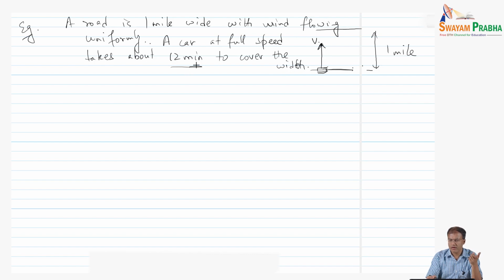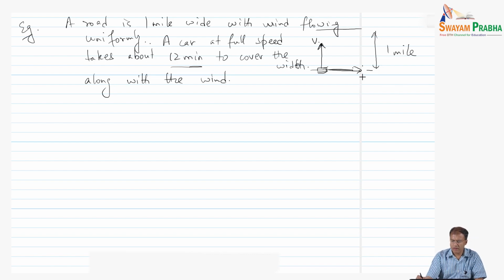So the car is driving at the rate of 5 miles per hour, right? So 12 times 5 is 60, so 5 miles per hour. So it takes the car 12 minutes to cover the width when along with the wind, right?